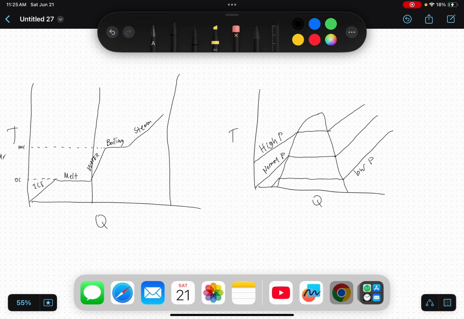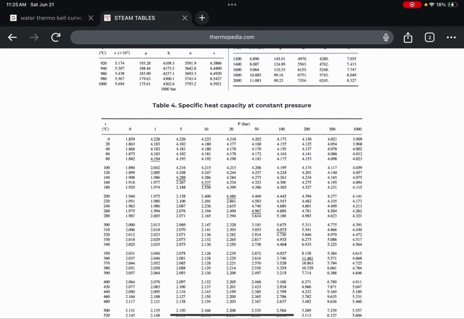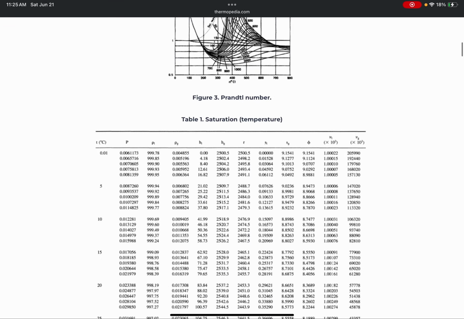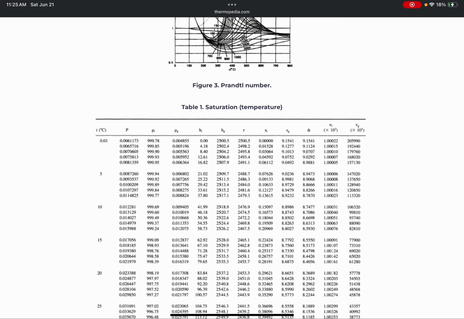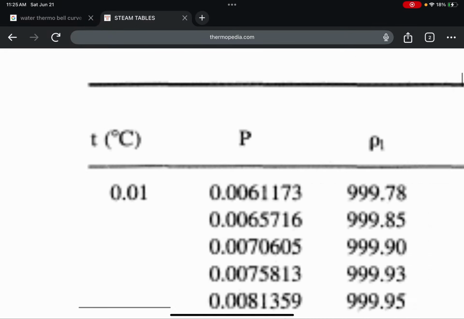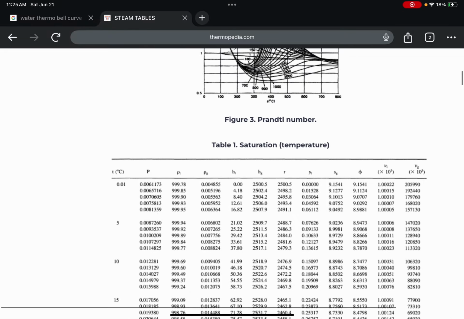So let's glance at the steam tables. The whole idea of the steam tables is based on 2 inputs. Let's start out by saying temperature and pressure. You can know everything else about the fluid.